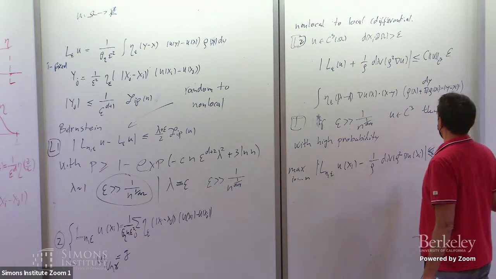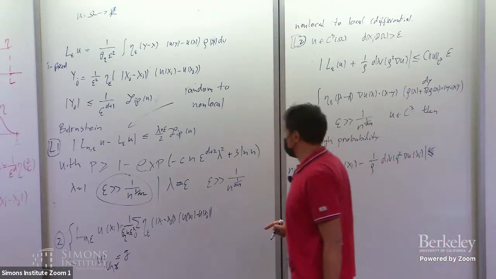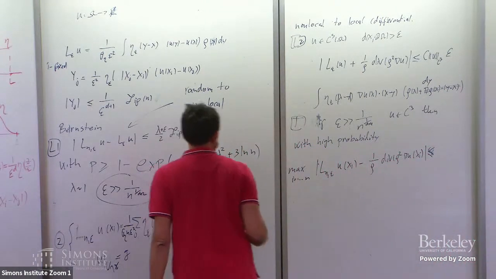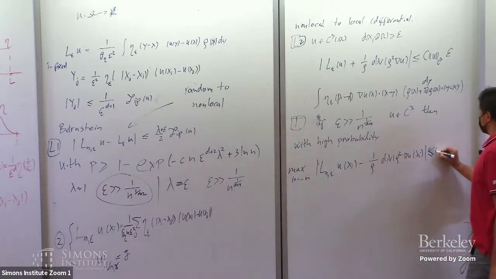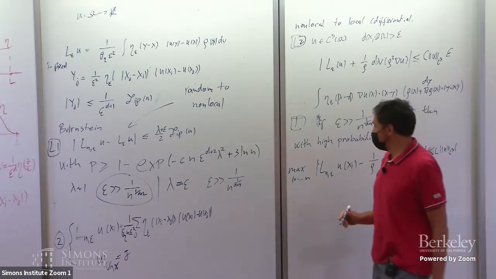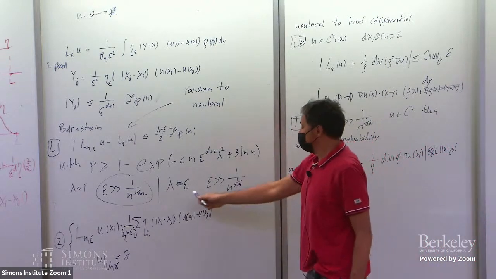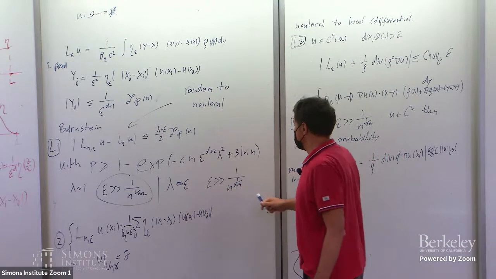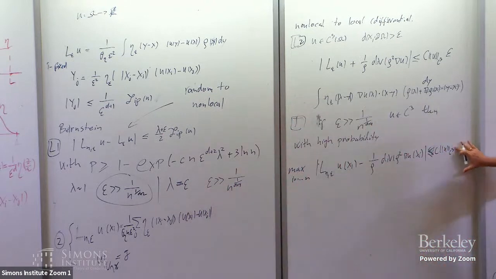So I have the C3 norm times epsilon, and then I have something like this. Altogether, this is less than some constant times the norm of u in C3 multiplied by, well, here I took lambda equal to epsilon. I'm just writing one statement for lambda being equal to epsilon. So then here I'm just going to have epsilon. Okay, so this is what we know about our operator.